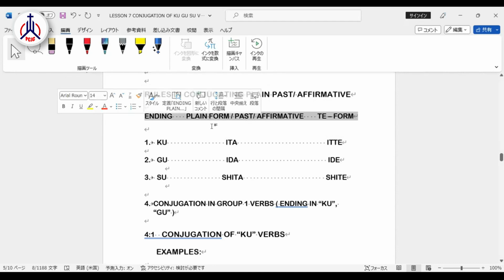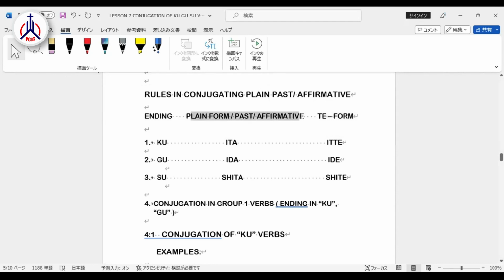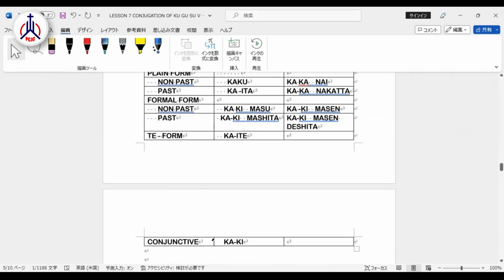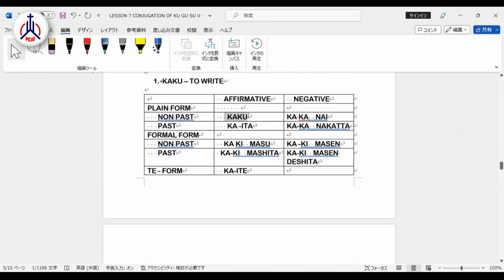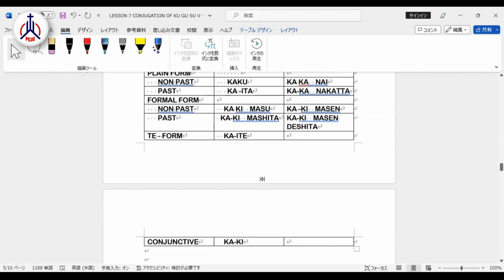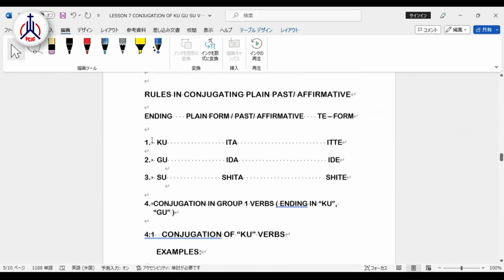And in the te form, it will become ite. You have the root word, haku. If you're going to get the stem, it's ka only, because you change the last syllable. So ku becomes ita in the past.